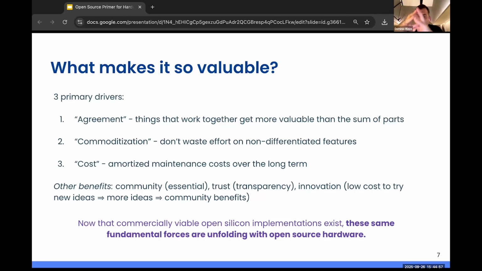So there's a whole set of smaller values that are sort of brought along by open source development. You get a community from which there's a lot of talent that grows in. You also get brand trust and transparency, so it tends to have a very positive brand impact.